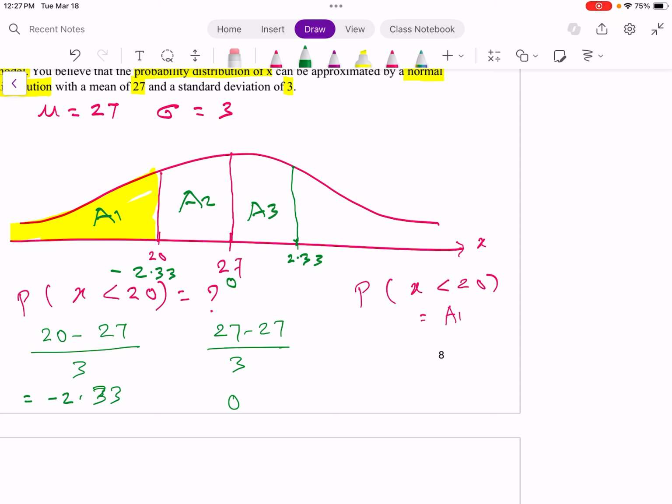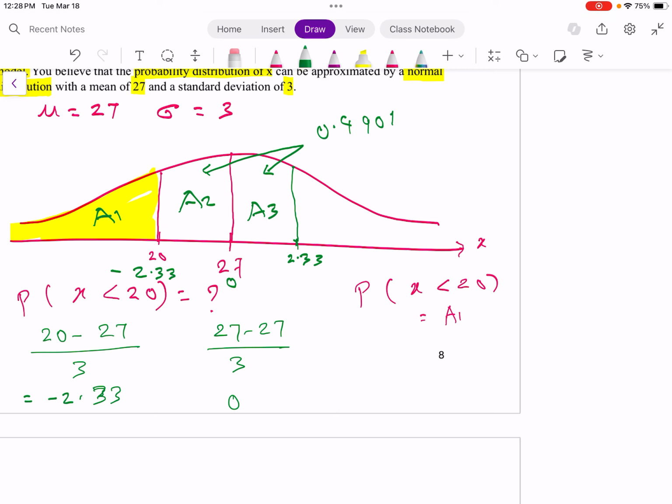Now how can we find area A3 from the normal table? What is area A3 equal to for 2.33? 0.4901. That's right. So this is area A3, and area A2 will be the same, 0.4901.